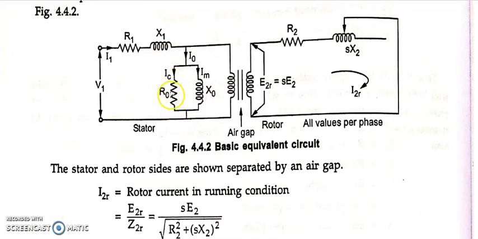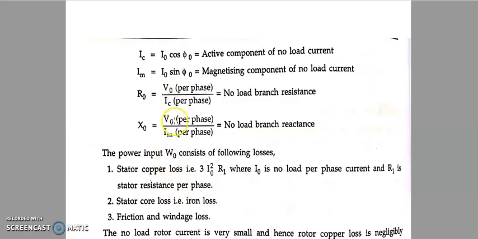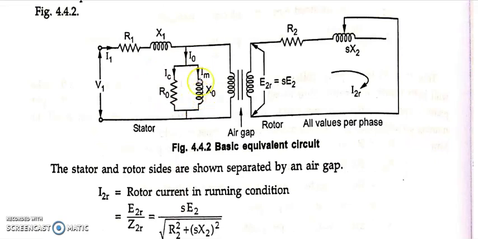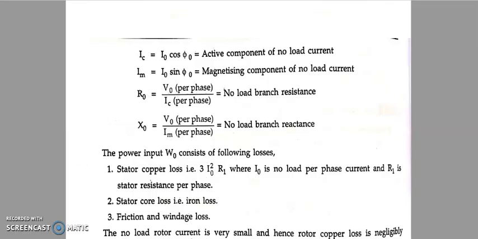So R0 is equal to V0 by IC. Similarly, for X0, we know that again the voltage across this is V0 itself. So V0 divided by IM will give you X0. So that is the no load branch resistance as well as no load branch reactance.